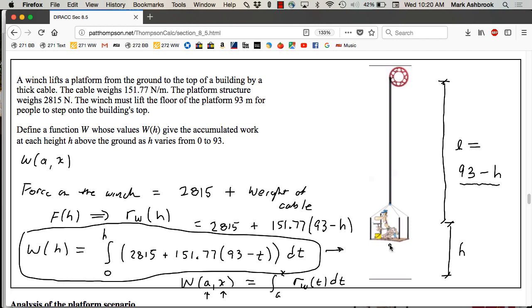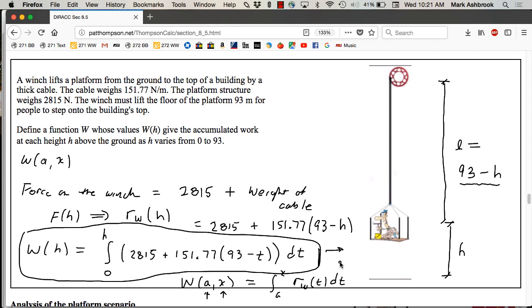But having the function, we know how much work it takes for any height, right? So how much work for 10, how much work is accomplished when the height is 10 meters, 20 meters, 33 meters, doesn't matter, right? So that's the advantage to having the function: we can get any amount of work anywhere along the way, including the total amount of work accomplished when it makes it to the top.